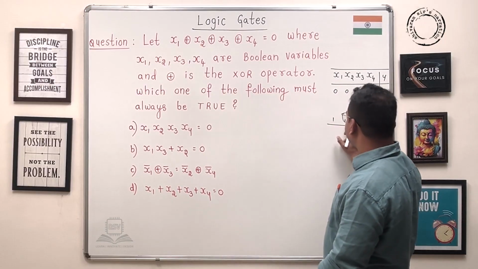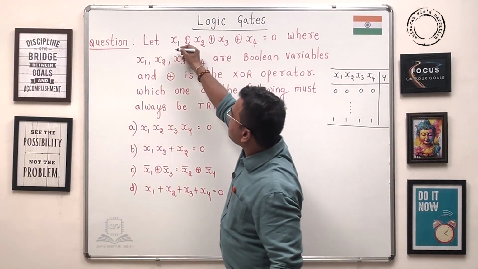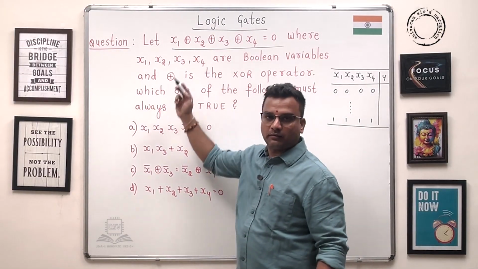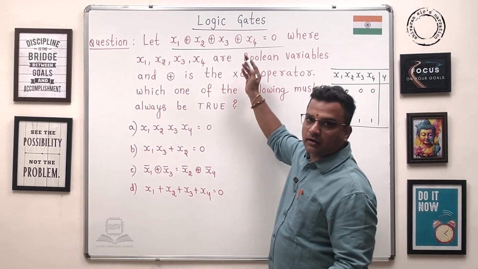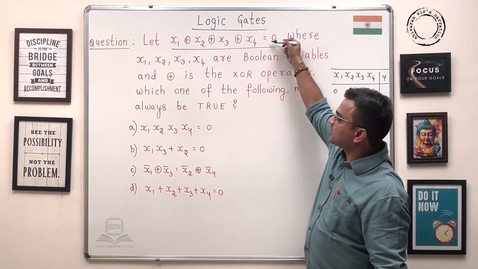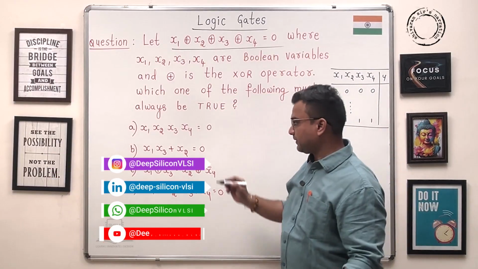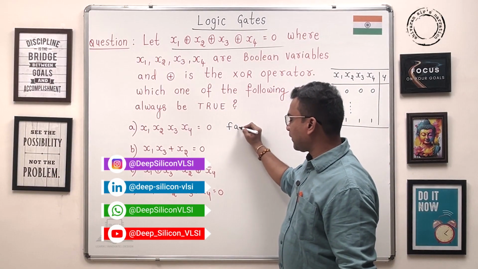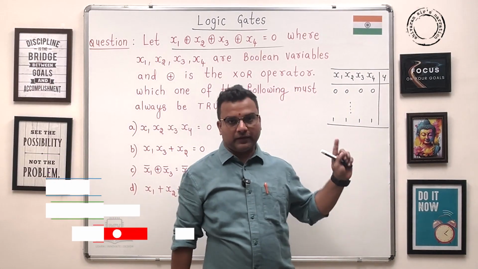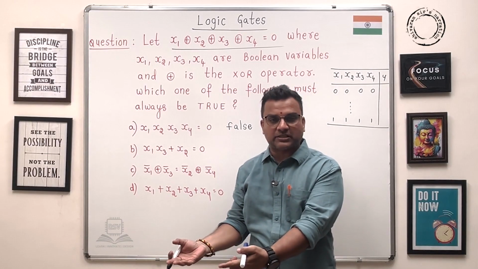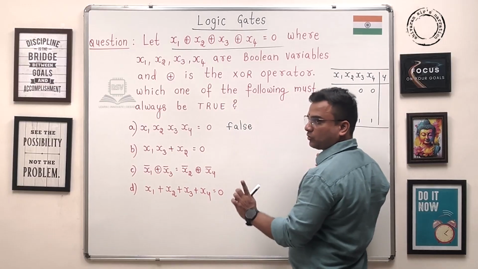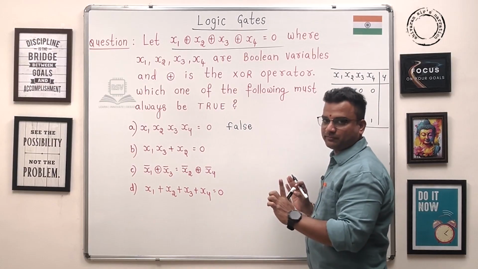Even if you take 1, 1, 1, 1, it satisfies the given condition, because 1 XOR 1 is 0, 1 XOR 1 is 0, 0 XOR 0 is 0 only. But still this condition is satisfied. Hence, we can say this is false for the input combination 1, 1, 1, 1. Even for some combinations, you will get the output as 1 also. It is not like always it is 0.